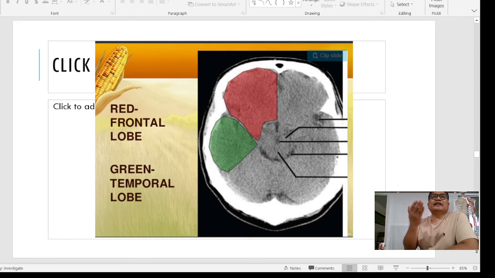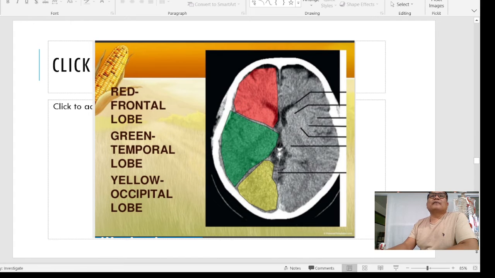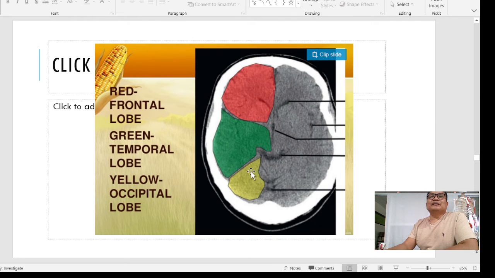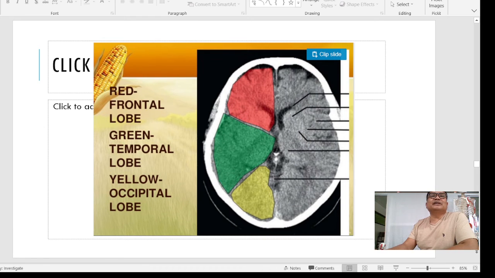This is going up now, getting bigger until the occipital lobe appears. This is the frontal, this is the temporal. You notice the occipital is still small going back because of the presence of the cerebellum here. So that is the image series of your brain.